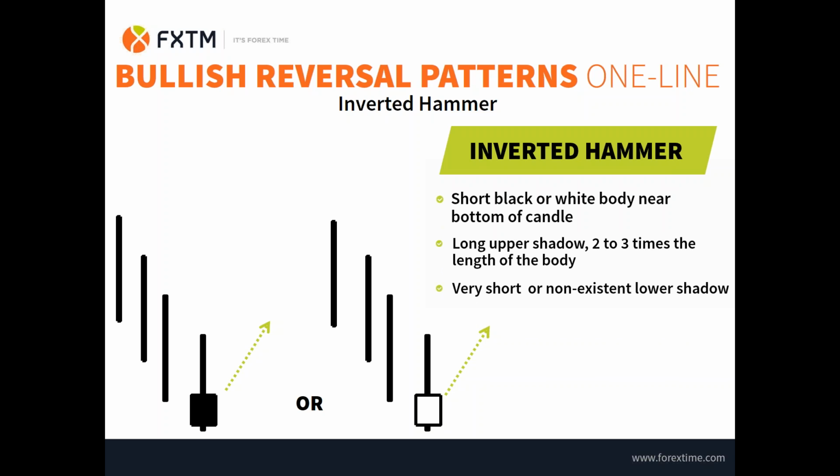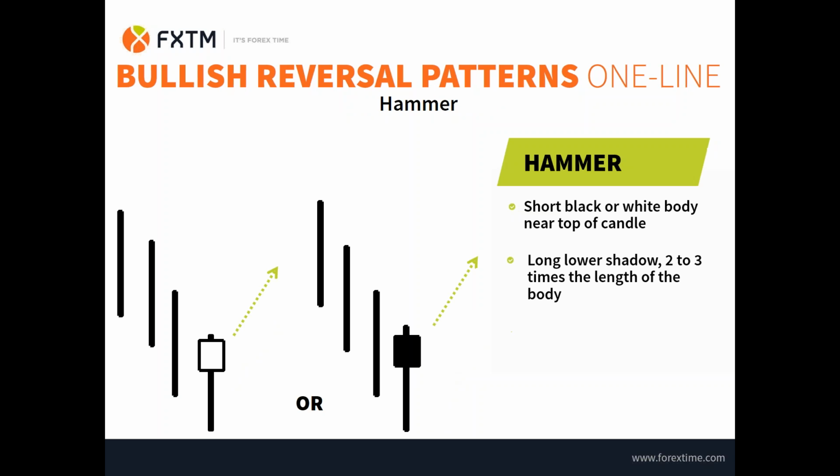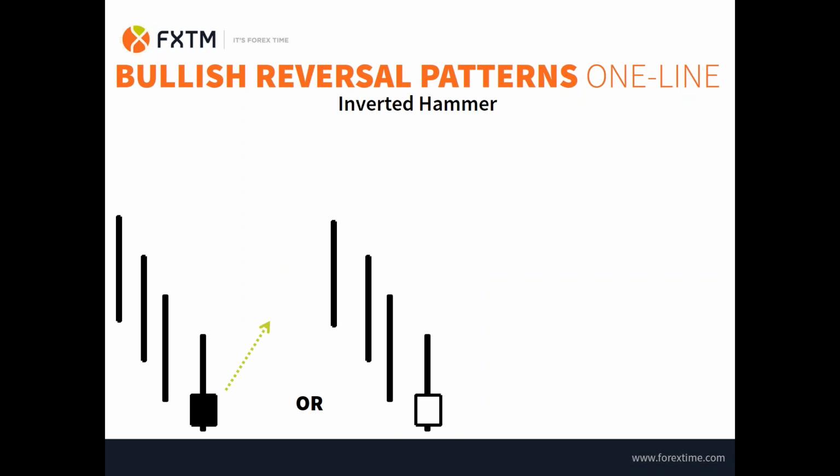To be honest, I don't like this pattern, guys. I don't feel very comfortable to take a long position after this pattern at the decline. I prefer the hammer. I can go back and show you one more time the hammer. I prefer this formation compared to this one, but nevertheless, this pattern, the inverted hammer, is considered a bullish hammer.